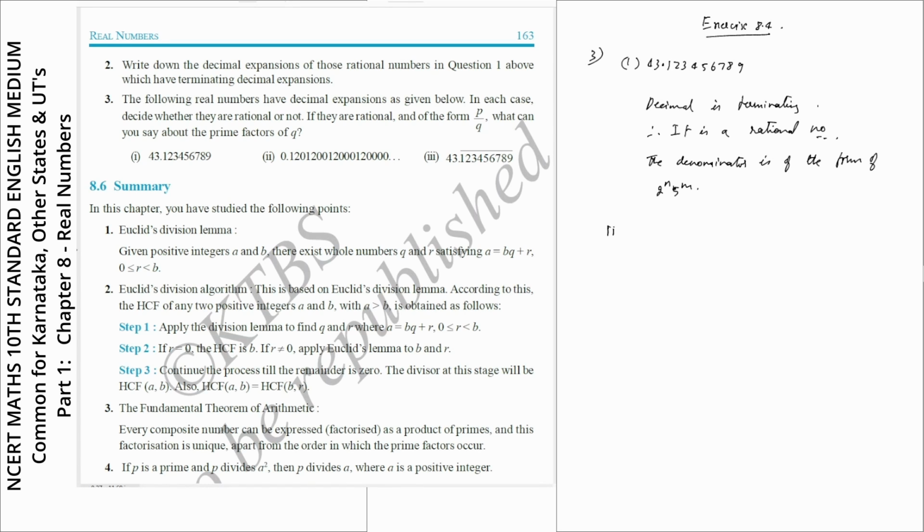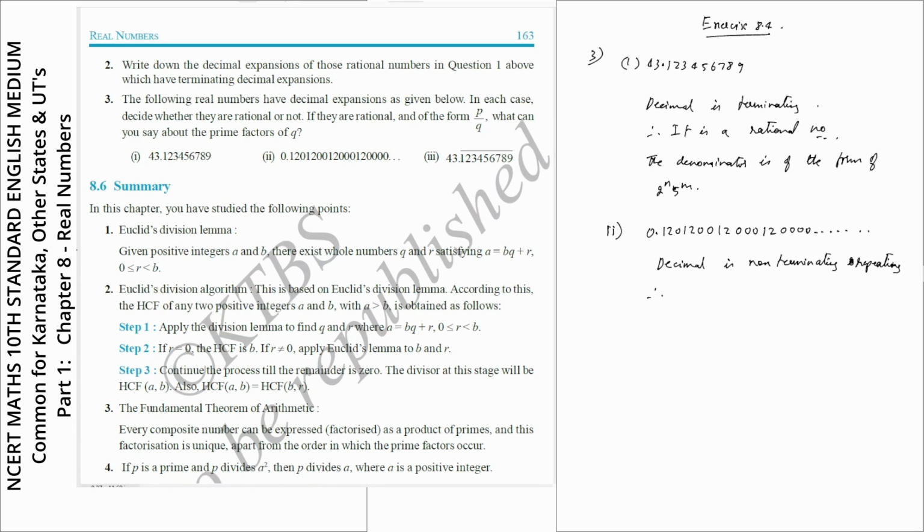And the second sub question, the given number is 0.1201200120001240, and it is recurring. Therefore the decimal is non-terminating, repeating.